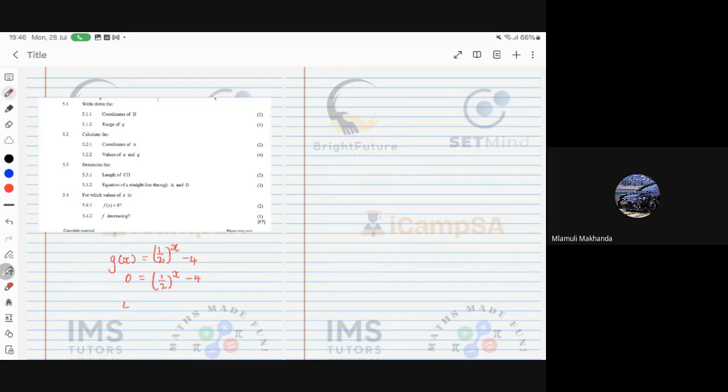We're going to have 4 is equal to... I'm sure you've already done this, but I'm just going to remind you. When we have something like 1 over 2, we can write this as 2 to the exponent minus 1. Hopefully you still remember that. If we have 1 over 4, we can write it as 4 to the exponent minus 1.